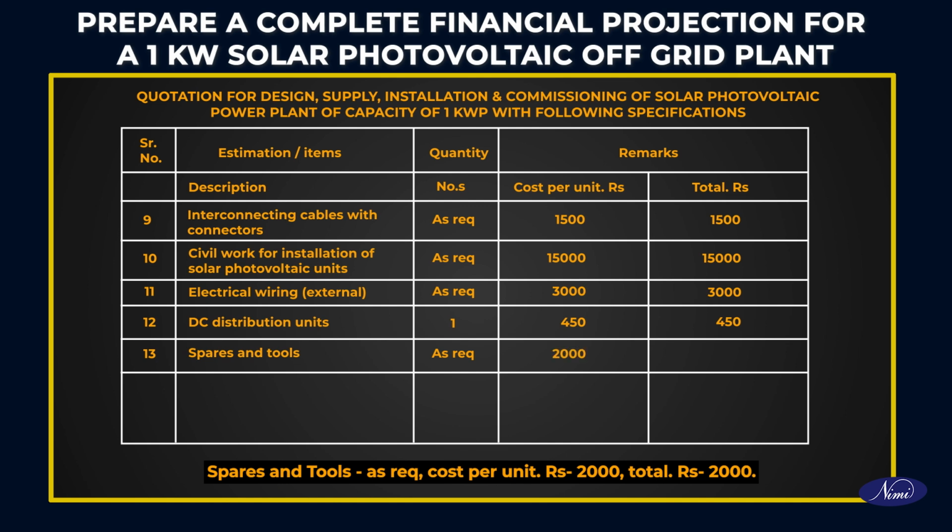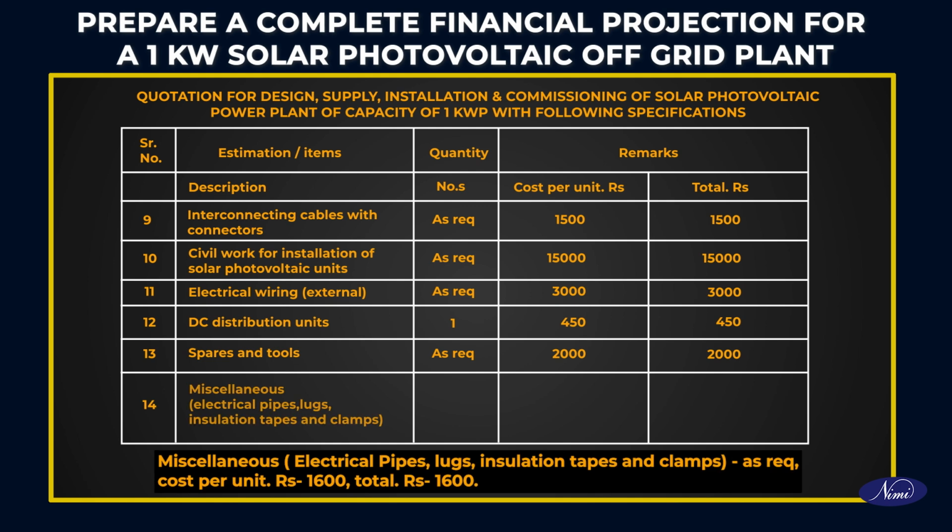Total ₹2,000. Miscellaneous: electrical pipes, lugs, insulation tapes and clamps as required. Cost per unit ₹1,600. Total ₹1,600.